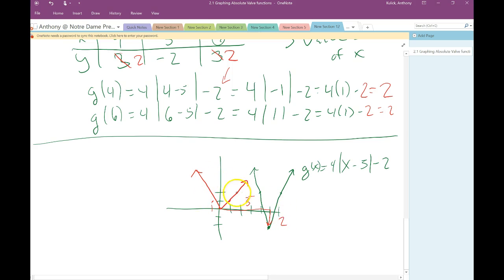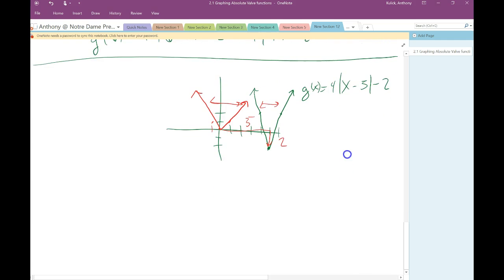And then there appears to be a vertical stretch because this one looks skinnier than the parent. So it's gotten a little skinnier because it's been pulled up. It's gotten tall and skinny. Okay.